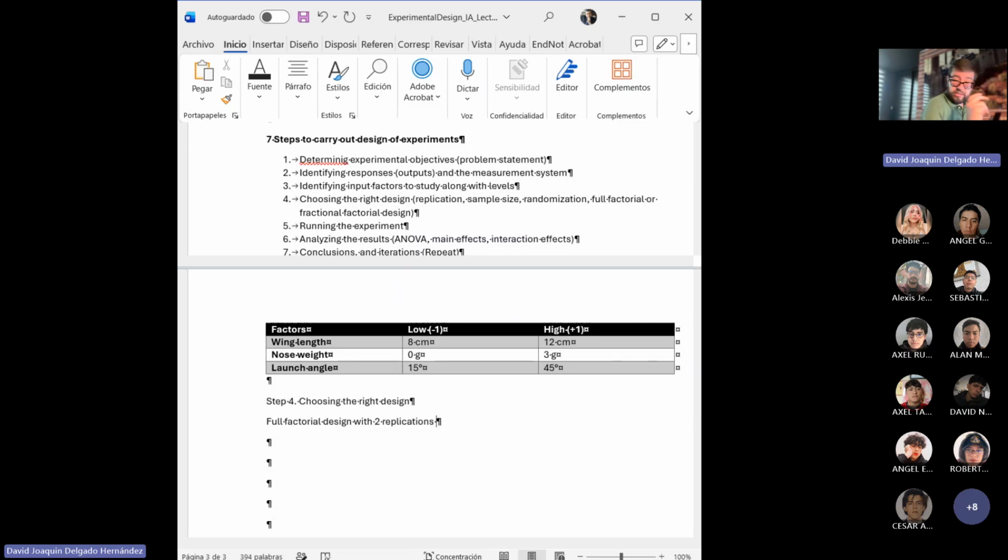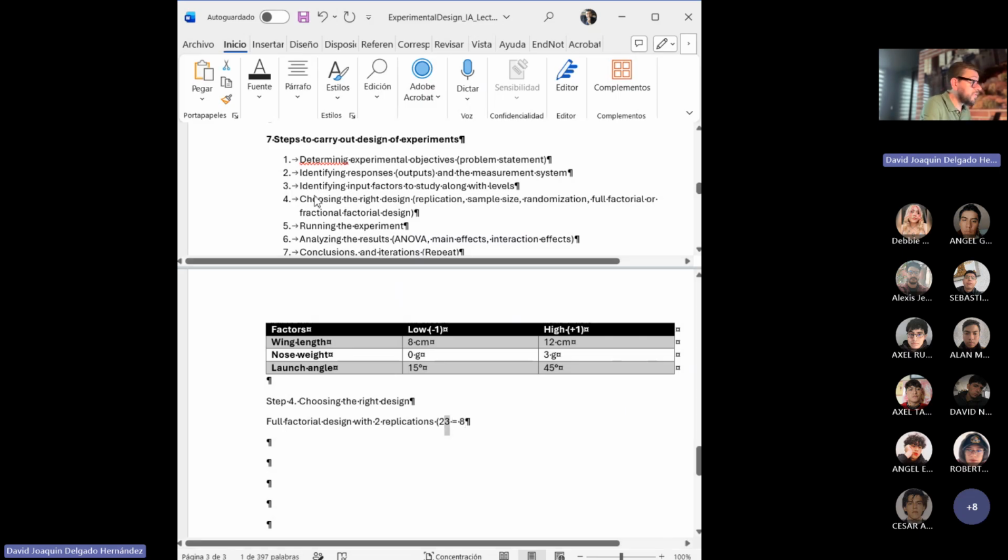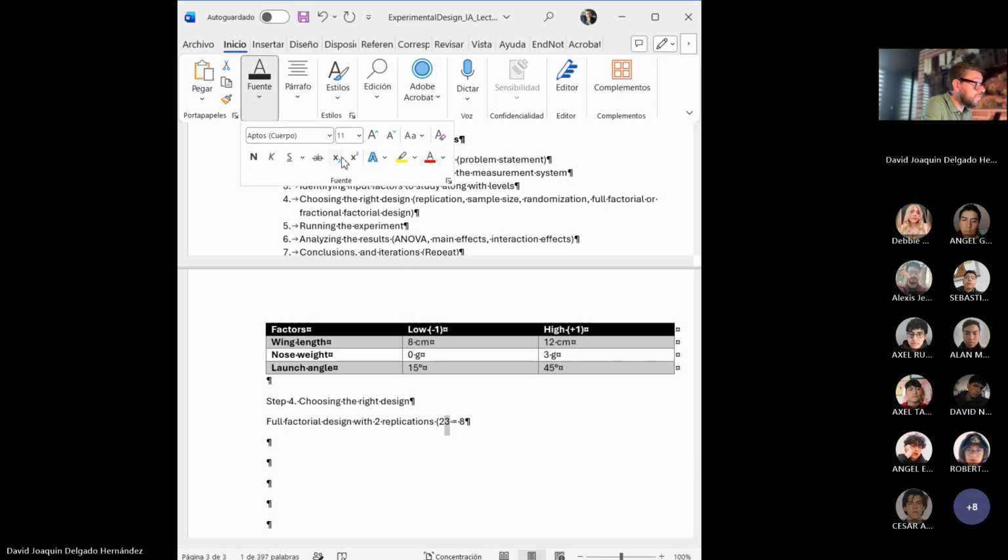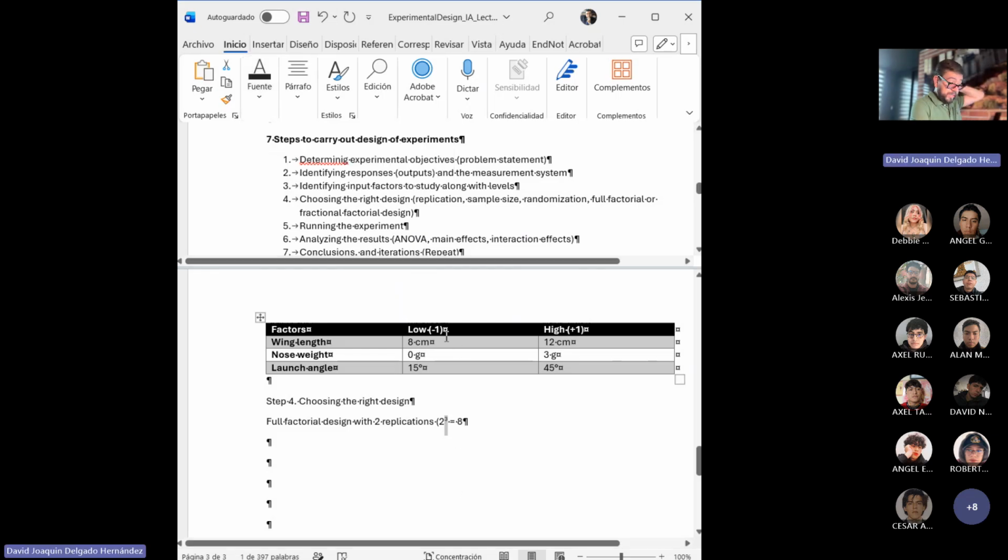So this is 2 to the power 3, which is 8. 2 refers to the low and high, and the 3 refers to the number of factors: wing length, nose weight, and launch angle.